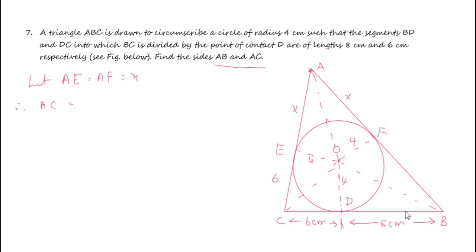DB equal to 8 cm, so BF is also 8 cm. So now AC equal to x plus 6, AB equal to x plus 8. We know BC equal to 6 plus 8, that is 14.